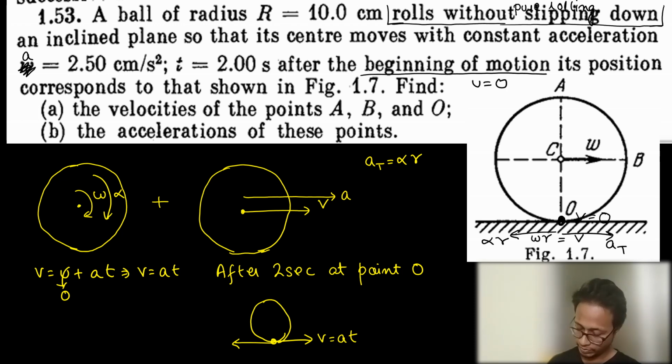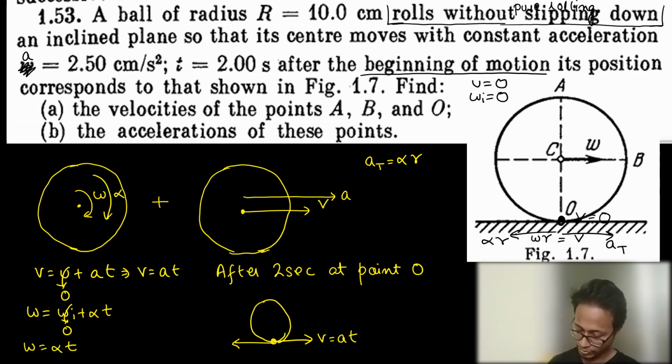Okay, similarly you can write omega is equals to omega initial plus alpha into t. Omega initial is equals to 0 because at the beginning of motion, omega initial is equals to 0. So omega after 2 seconds will be equals to alpha t.